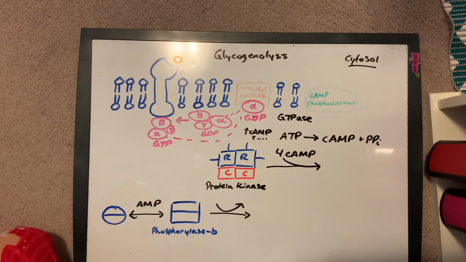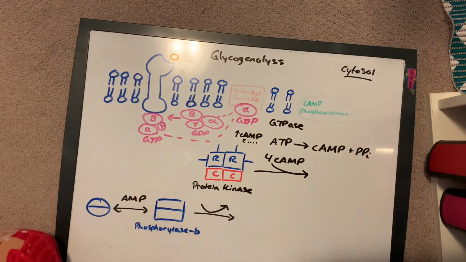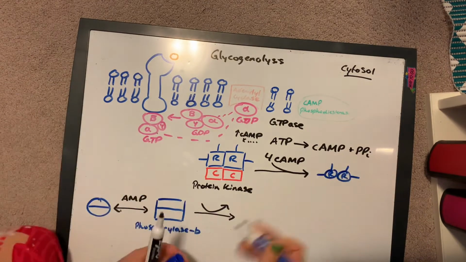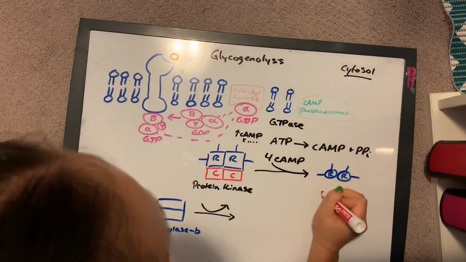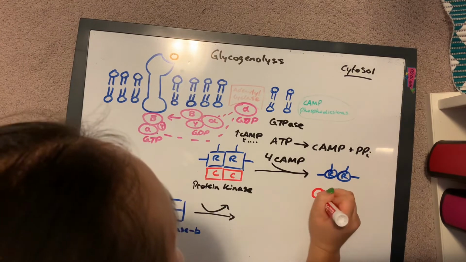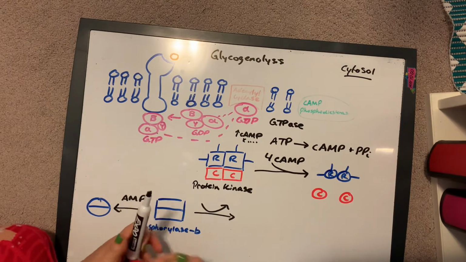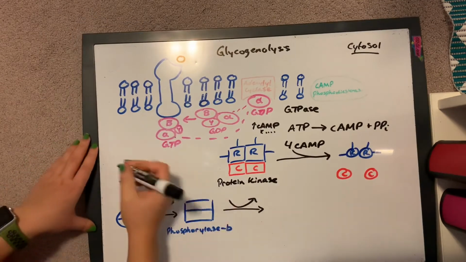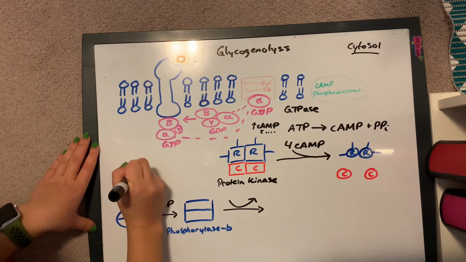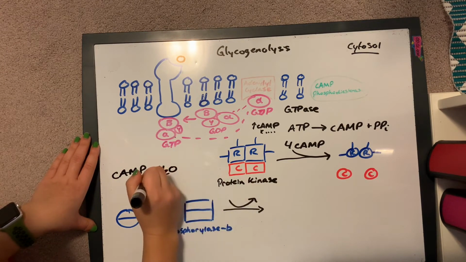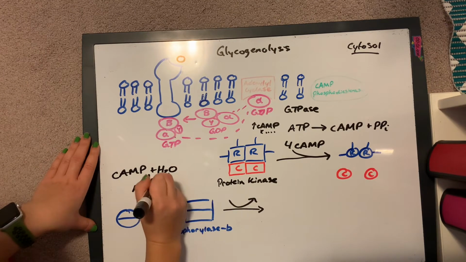And now our 2 regulatory sites, R and R, are still bound together, but our catalytic sites are now free to covalently modify our next enzyme, which is phosphorylase kinase. So let's just keep in mind this reaction: cyclic AMP plus H2O will give us AMP.